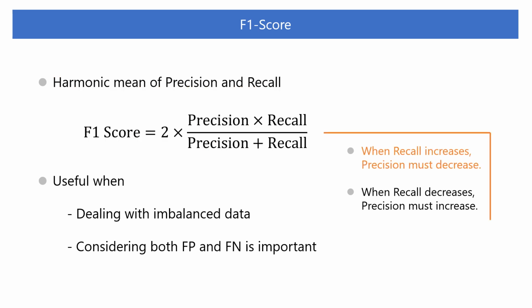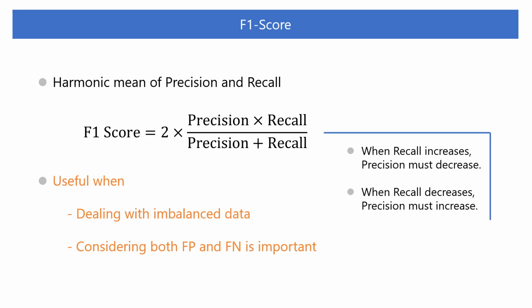As can be seen from this formula, to keep the F1 score constant, when recall increases, precision must decrease. Conversely, when recall decreases, precision must increase. Thus, for the F1 score to be high, both recall and precision must be high.